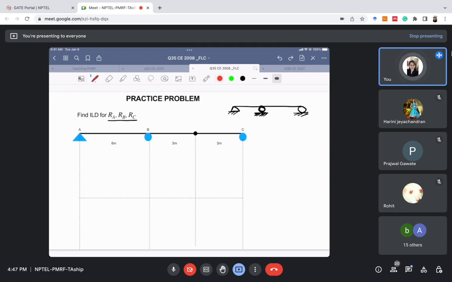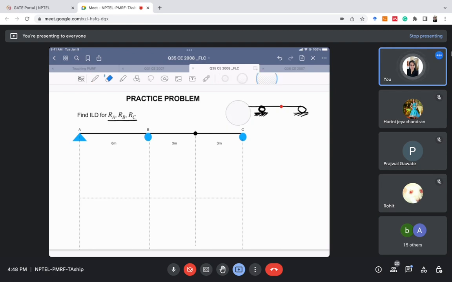But if I add a hinge here, it will release one restraint. So providing a hinge will release one restraint, and it will again become determinate. I hope it is clear.